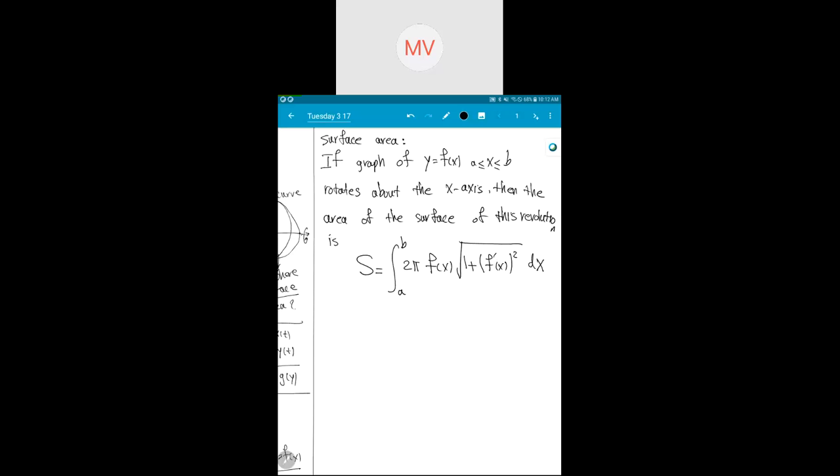Now let's go ahead and write down the case for the y-axis. It's basically symmetrical, but in that case, you're revolving about the y-axis. So let me write that one down as well.